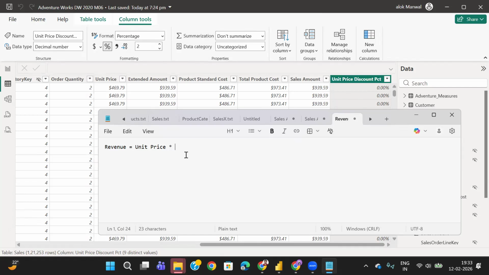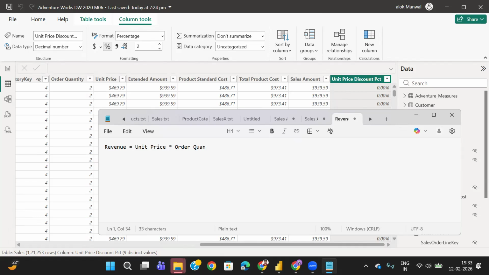Now again back with this. The column title is not clear. Unit price discount means we got the discount on unit price for a single quantity.